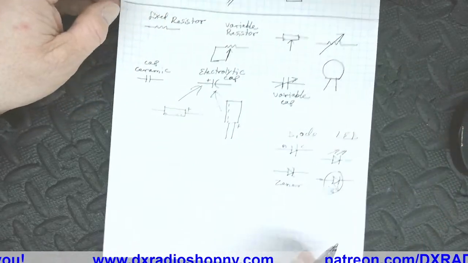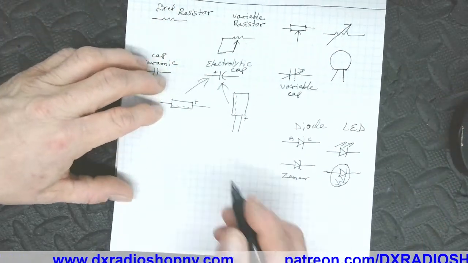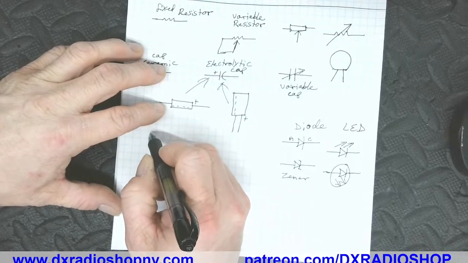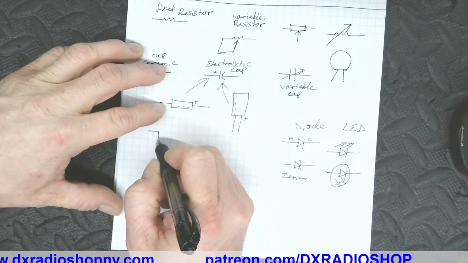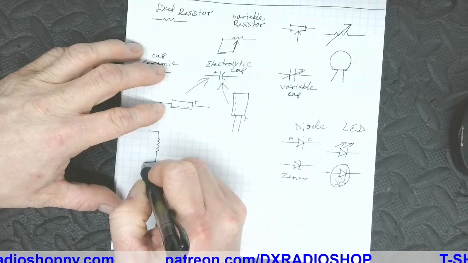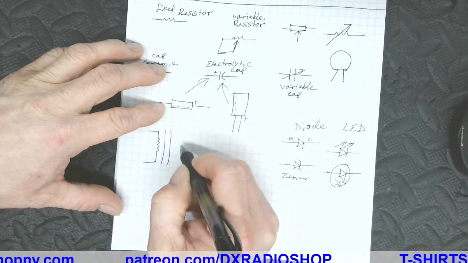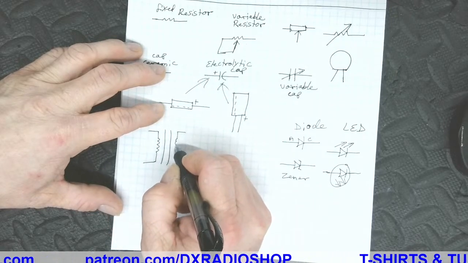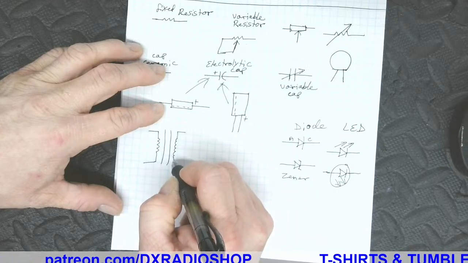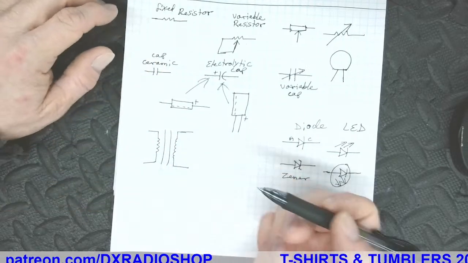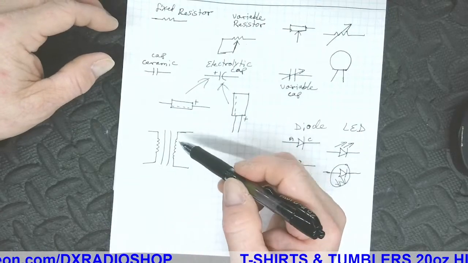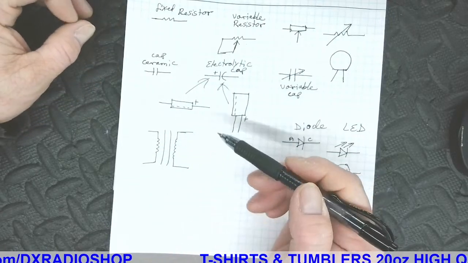that's your basic componentry, anyways, guys. So let's get into like our inductor. That's your transformer symbol. You can see the inductance with this.